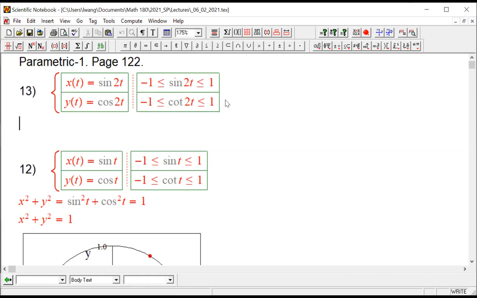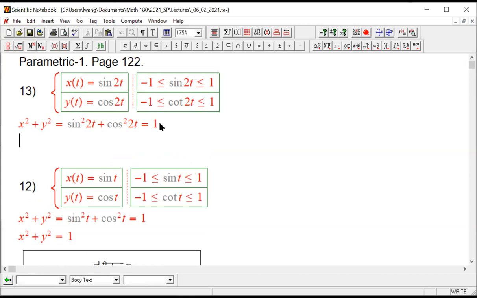Now the question is, what's the difference, right? Because if you use the same trick, you're gonna get the same circle. You're gonna get a unit circle again. It is still a unit circle.